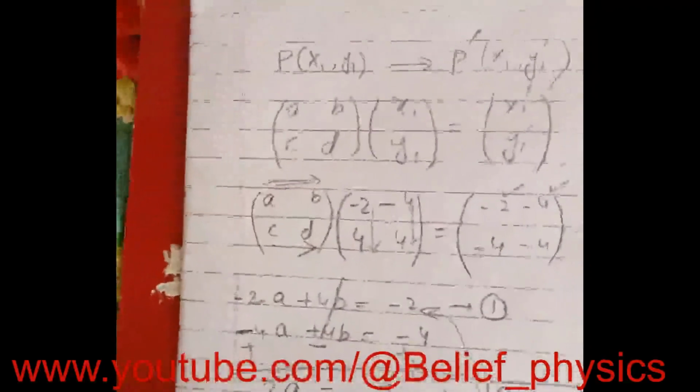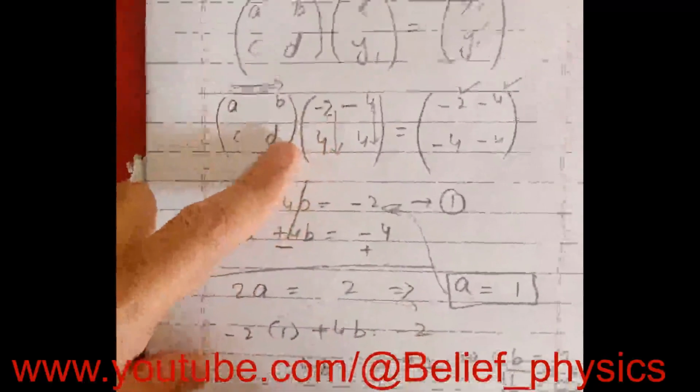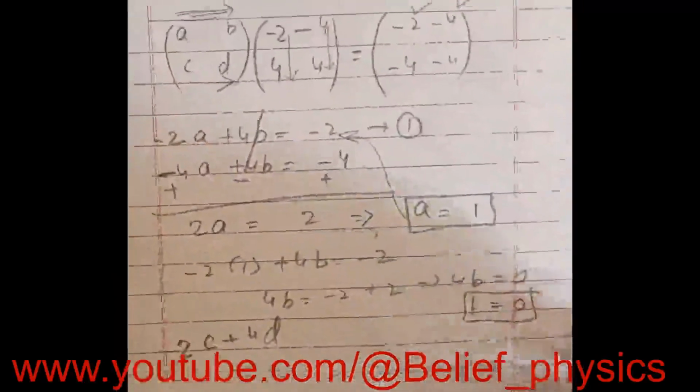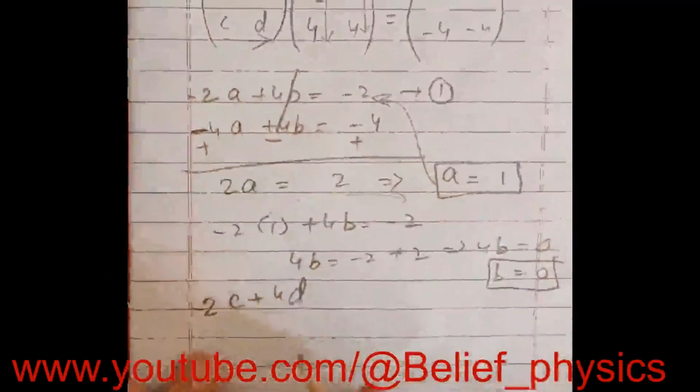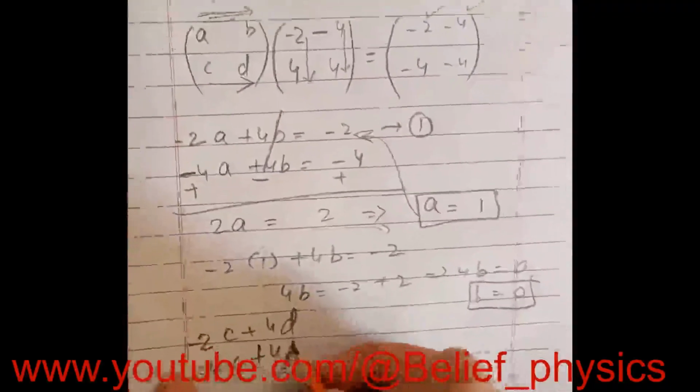Look here. We multiply the second row with the first column. So -2c plus 4d, then -4c plus 4d. And this will be equal to -4, and this is also equal to -4.